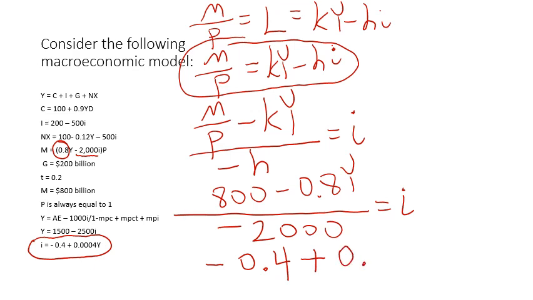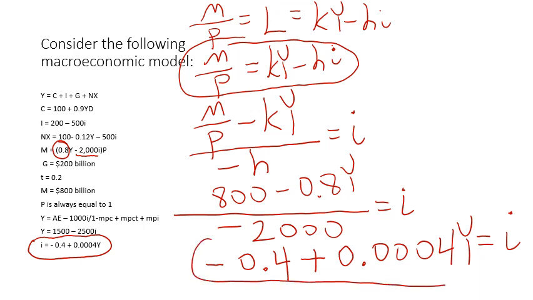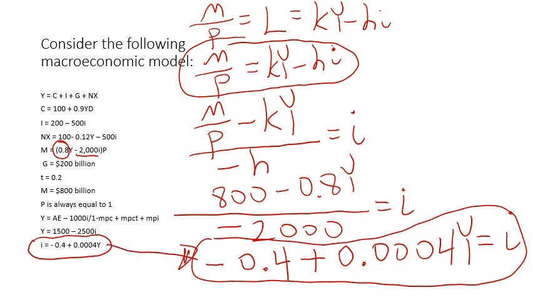How many zeros? 1, 2, 3, and then a 4y. And all of that is equal to the interest rate. All right? So this is how we calculated this answer here.